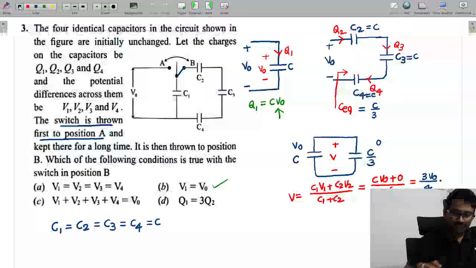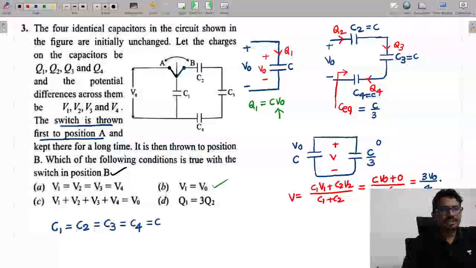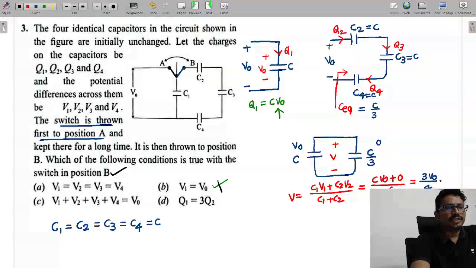So here V1 is equal to V0 when the switch is at position A. But they are asking which of the following conditions is true when the switch is in position B, not in position A. When the switch is at position A, V1 is equal to V0.